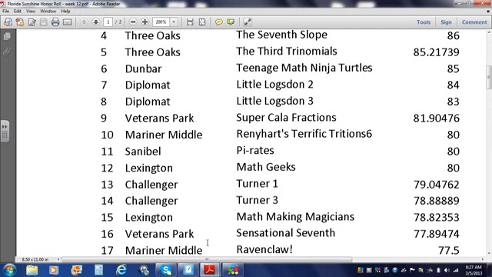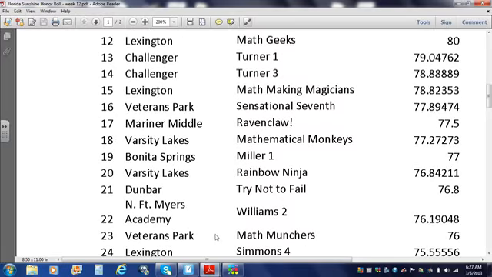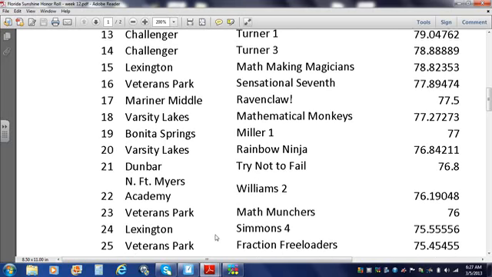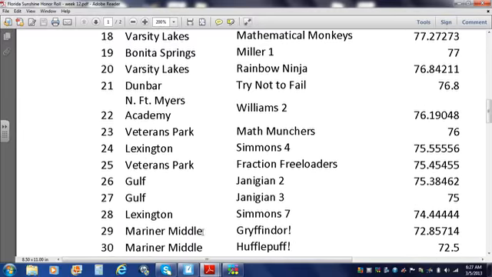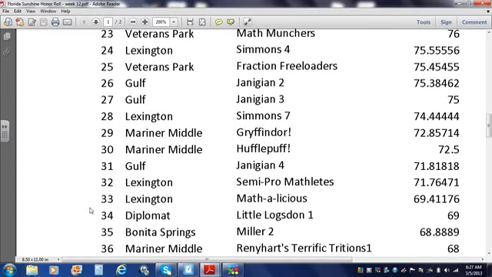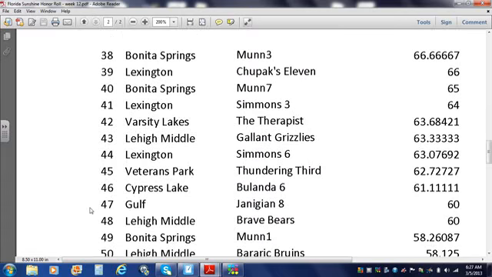Oh, man! Hey, Math Munchers, number 23. Fraction Freeloaders, number 25. And the rest of your week 12 scores. Mr. McGrath at number 45.